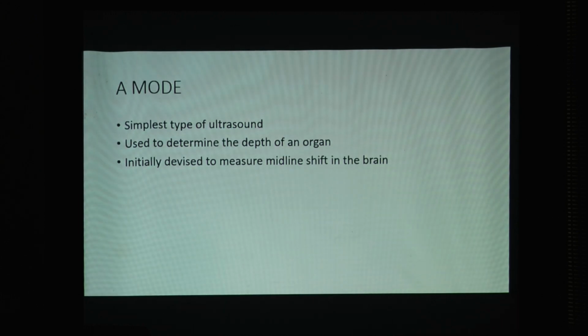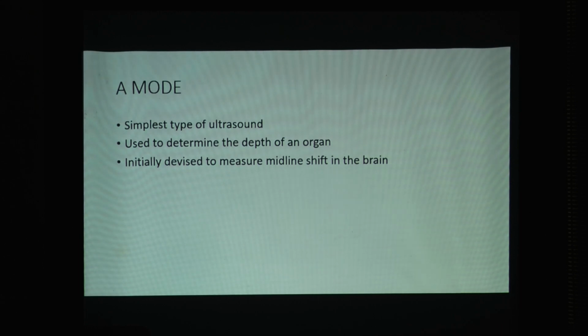A mode was the simplest type of ultrasound, that is called the amplitude mode. It is used to determine the depth of an organ or the midline in the brain, etc. It was used for identifying the presence of fat in the liver, because fat used to attenuate the ultrasound very much.